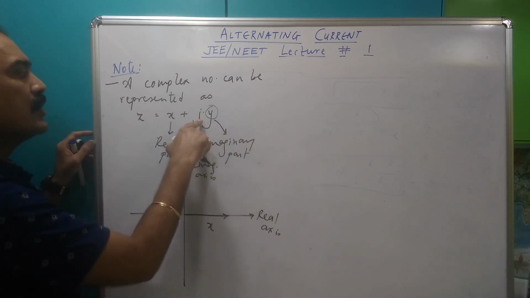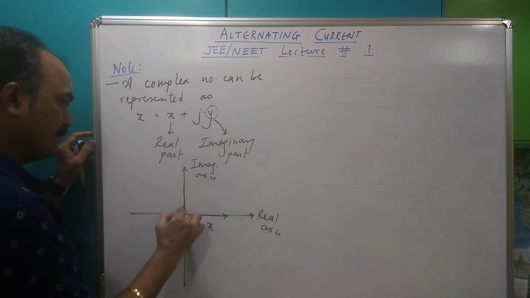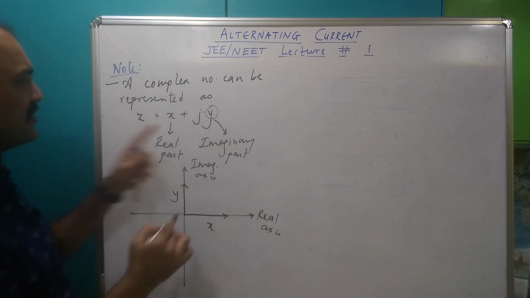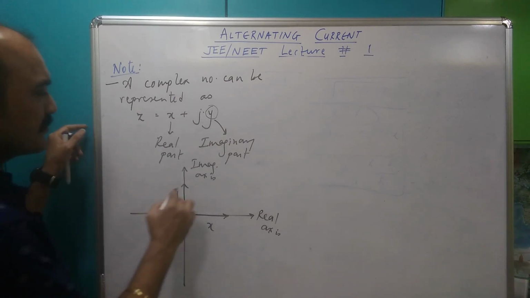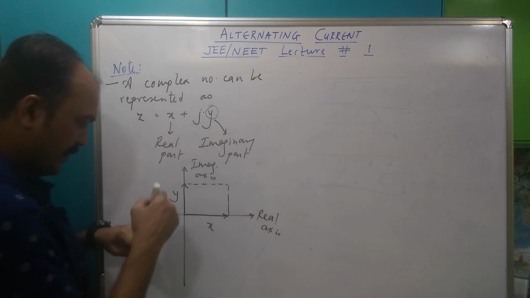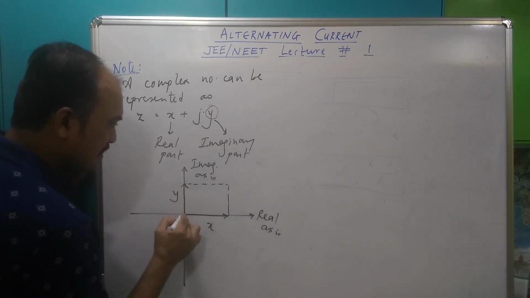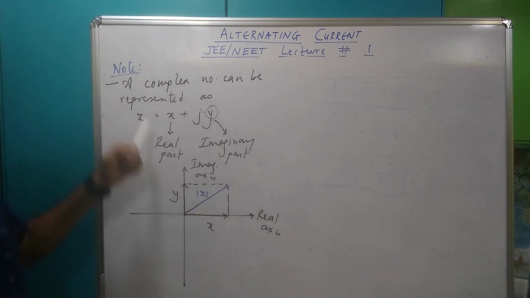Remember this: the part with J is the imaginary part. JY is not the imaginary part, only Y is the imaginary part. The combination of these two is this, and this is the value mod Z of this function.